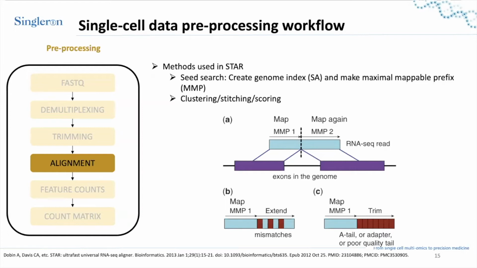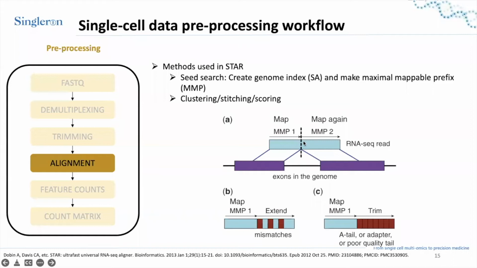During the first search, the algorithm will look from the leftmost side, the first nucleotide of this read, and then it will find the longest exact match from this read to an exon in the genome until the point where it cannot map anymore.